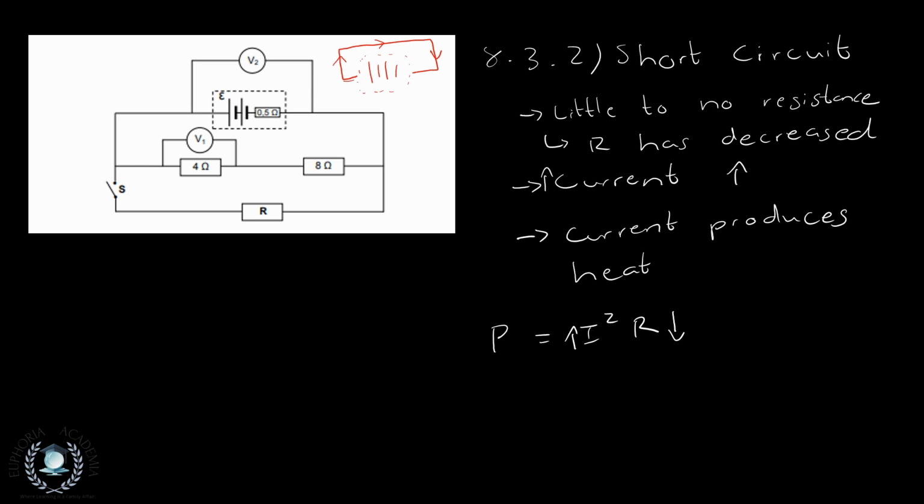That would mean that the power dissipated, which also can be thought of as a measurement of the energy, so the energy produced, will be more, and this energy is in the form of heat. So that's how you can explain what is happening here.